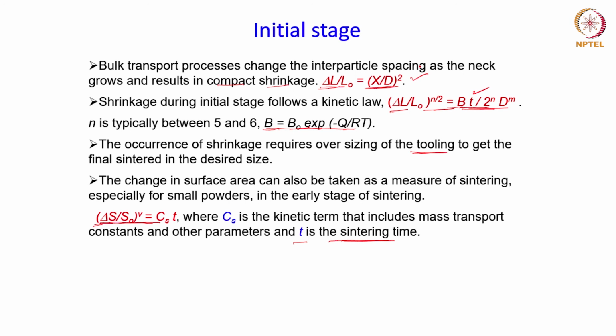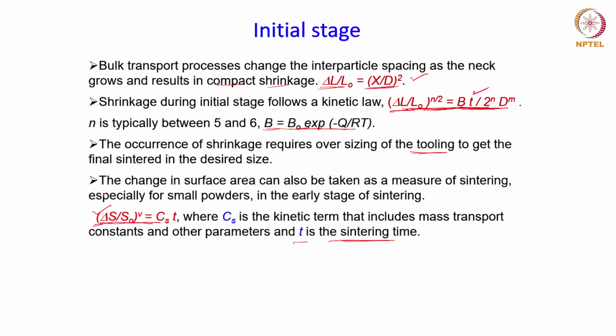And in terms of the kinetics of the process, this follows a kinetic law through an equation like this, where n is between 5 and 6 and b is an exponential function of temperature. And we have also seen that the change in the surface area can also be taken as a measure for sintering during the initial stage, and the relationship between the sintering and the surface area change can be seen from this equation over here.